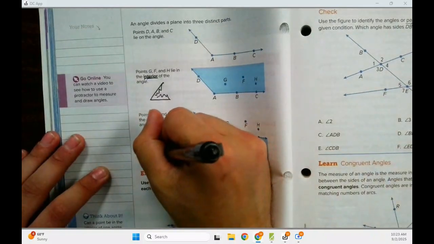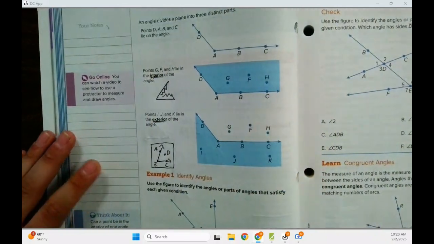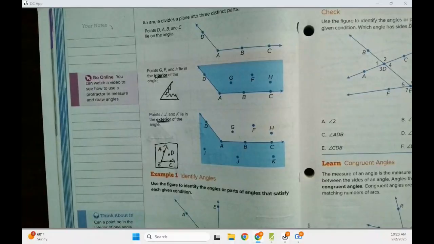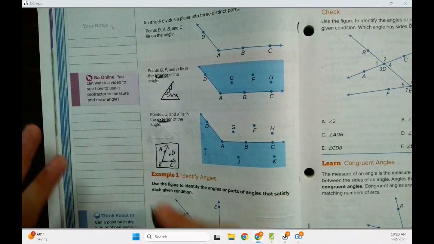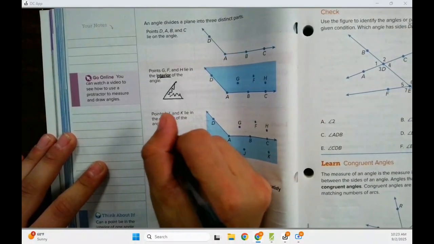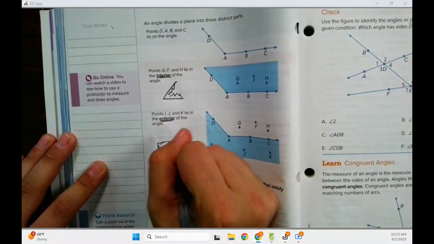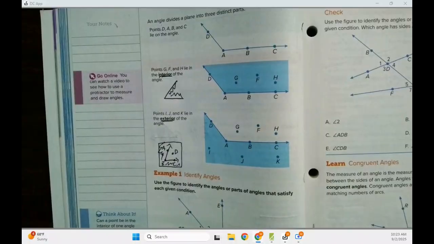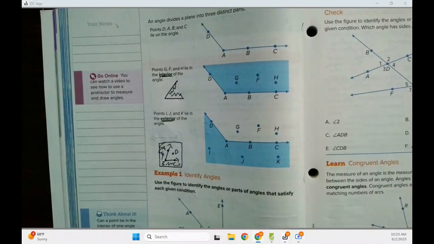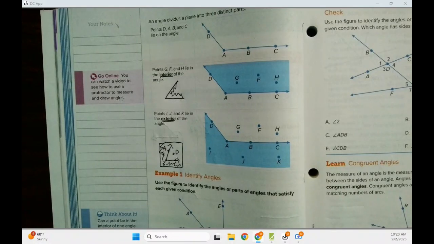The second could be maybe a point D, something in the interior of that angle that Pac-Man could actually eat. Or the third place, anything on the outside, in this shaded spot that Pac-Man can't eat anything out there. Okay? That's the three places that we divide planes into.